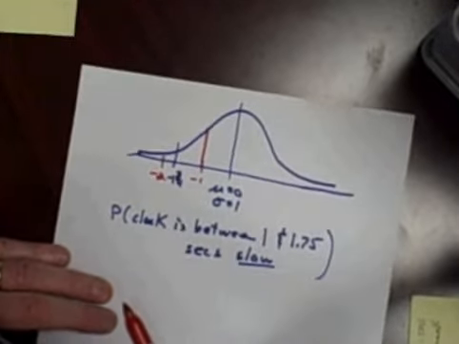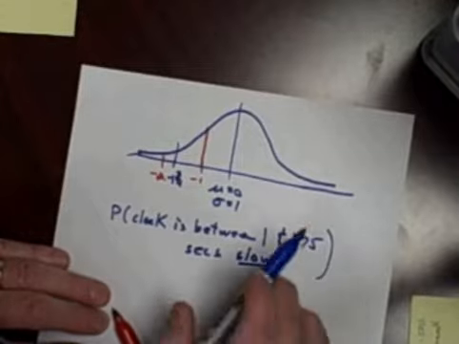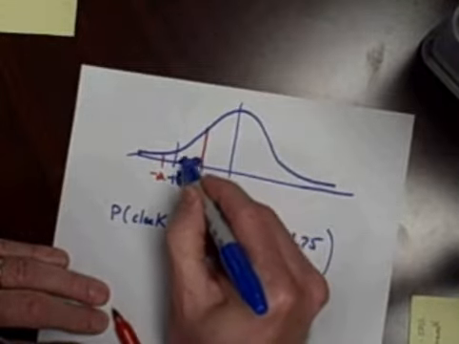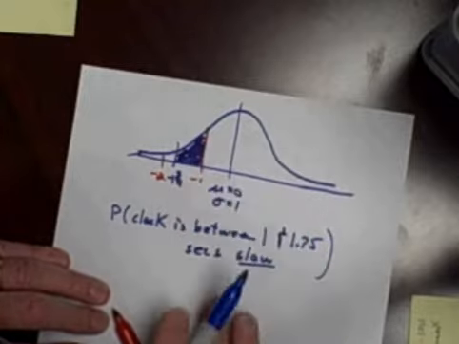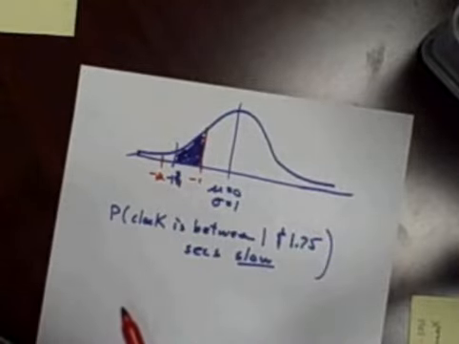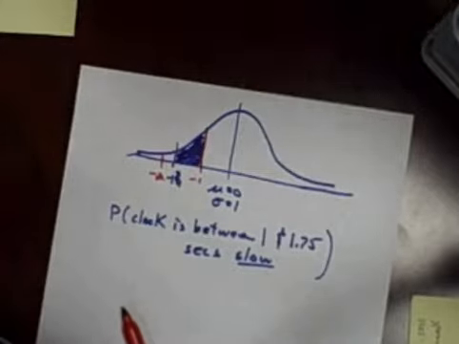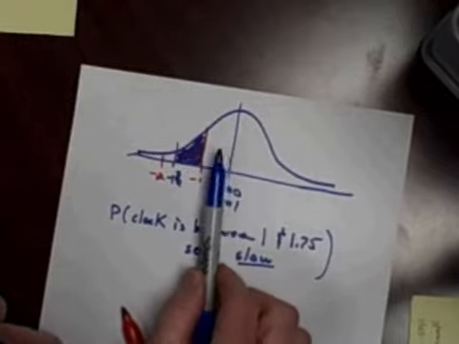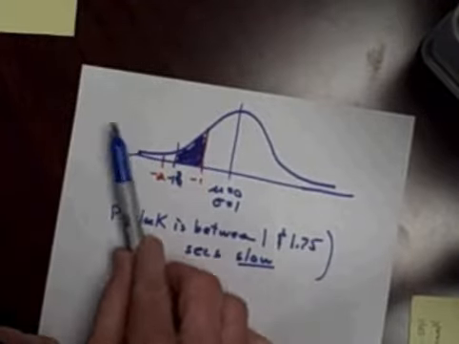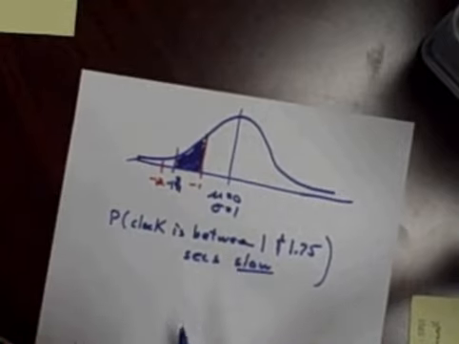So in terms of area under the curve, I'm talking about the area between these two boundary lines. Okay? So now how in the world am I supposed to figure out a probability with that? We know that the table only gives me the probabilities of areas under the curve from the left all the way over, not just part way over.